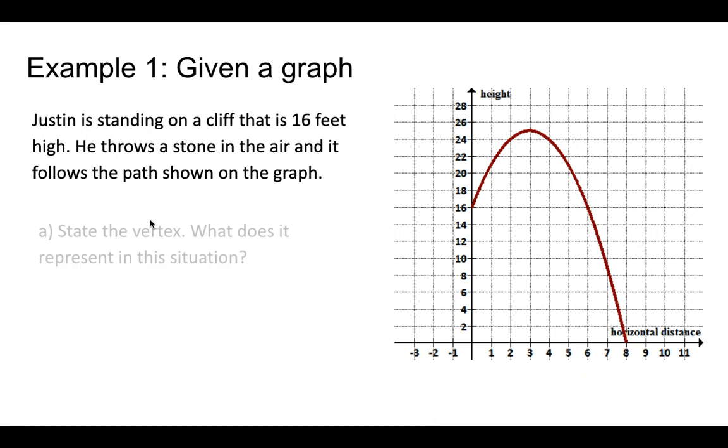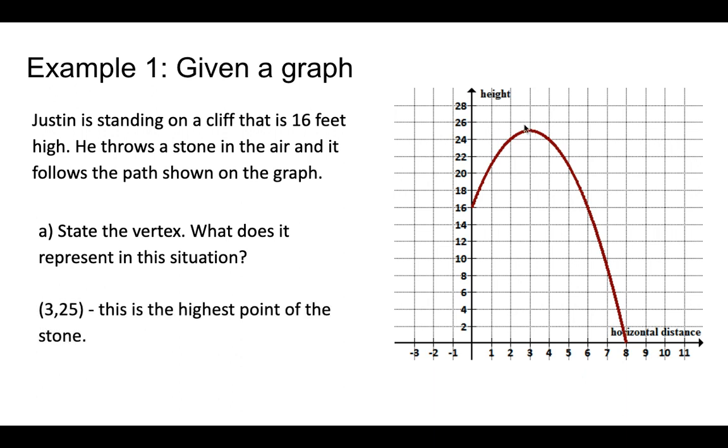So this is broken down into a few questions. The first one is: state the vertex. What does it represent in this situation? Remember, the vertex is the highest or lowest point of a parabola. So here it's going to be about here, which is (3, 25).